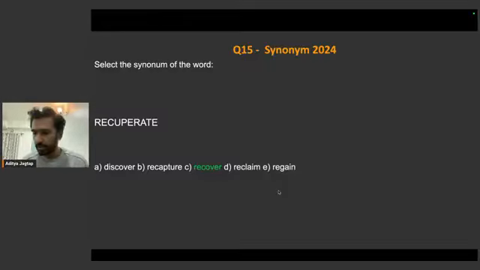So the right answer here is recover. Regain health could have been a distant option which students may try if they're in a hurry. But recuperate is actually to get well from a certain condition or disease.